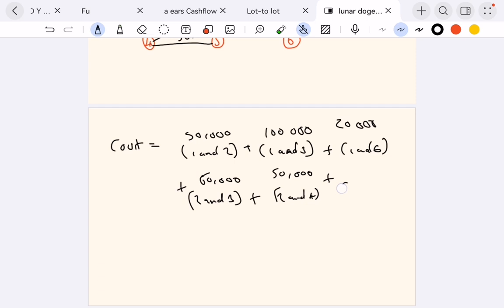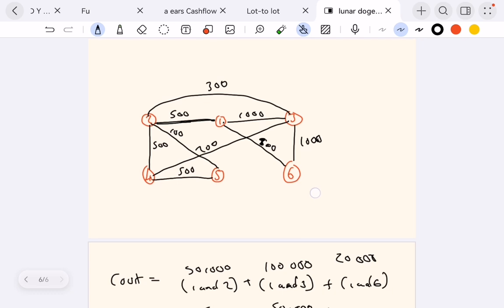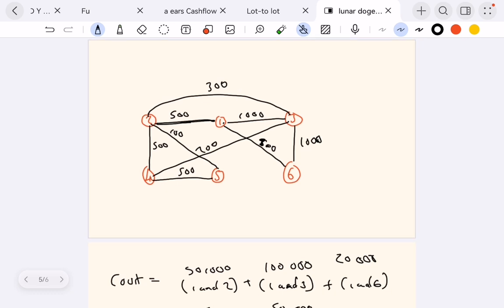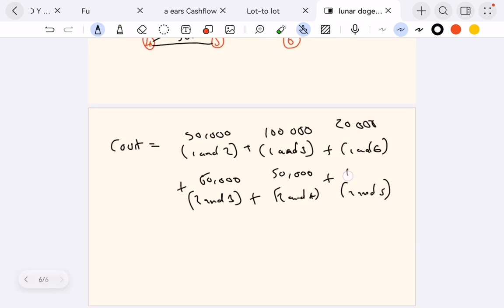Plus we have 2 and 5. 2 and 5, that's 100 times 100. So we have 10,000 here.